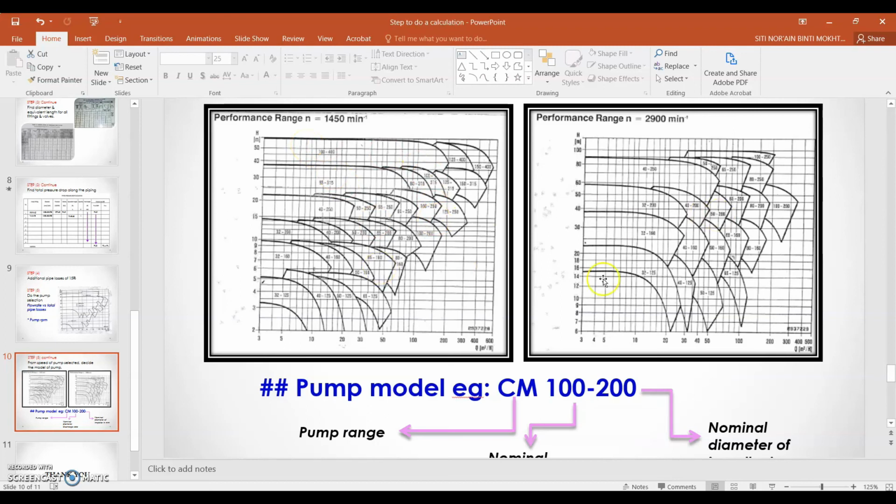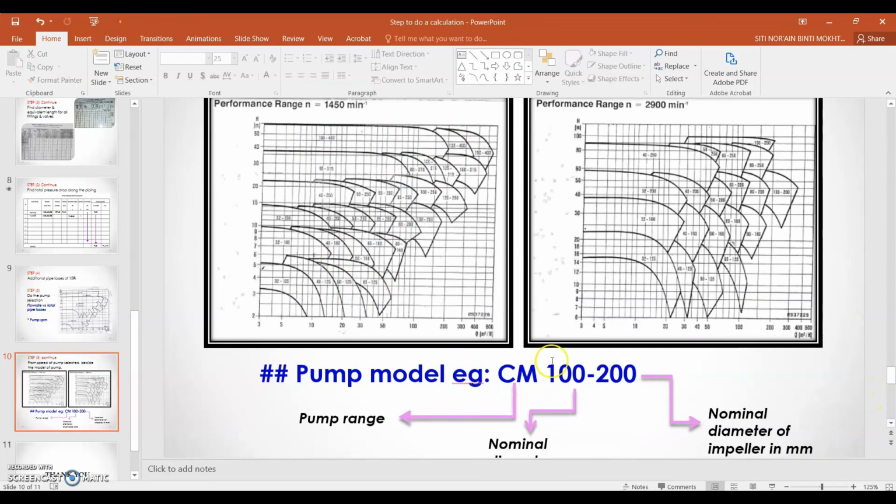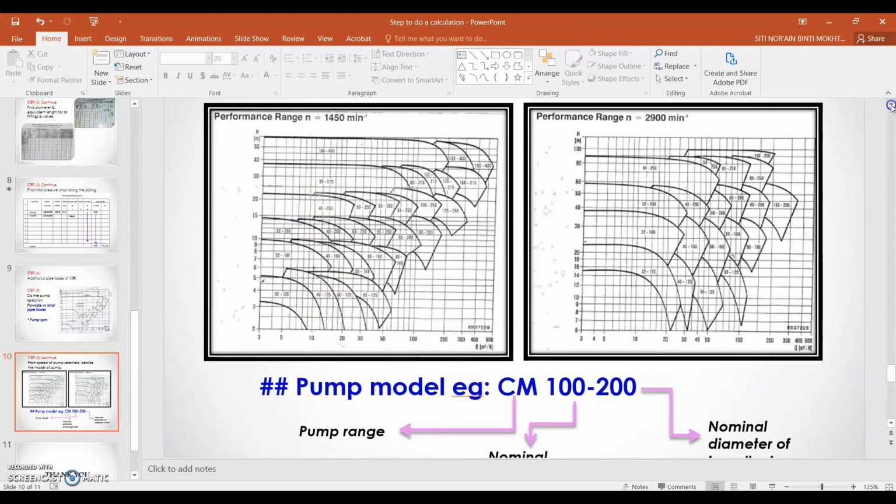I provide two pump curves for the condenser water pump. The number inside each region is a pump model number. So your answer will be like this: pump model, for example, CM is the pump range, and this is the number of the region the point reaches.